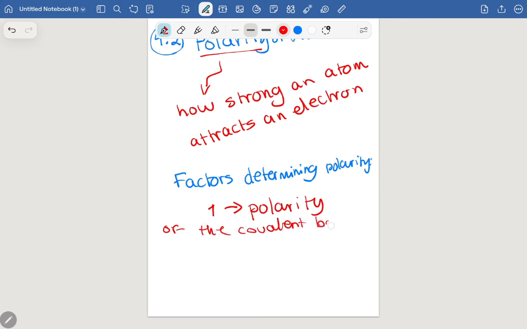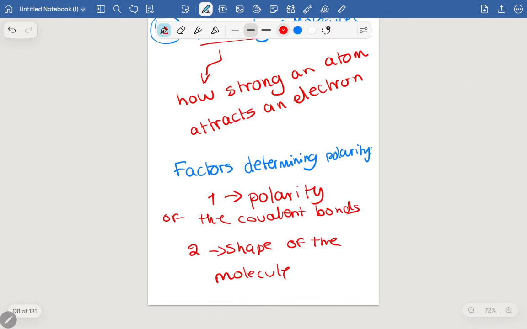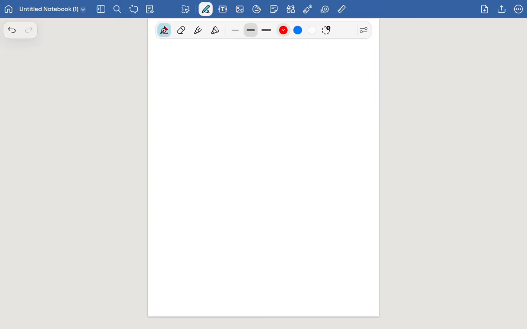The second thing is the shape of the molecule. If you find out these 2 things, then you will know whether you're dealing with a polar or non-polar bond or molecule.